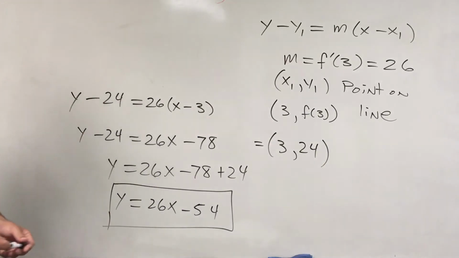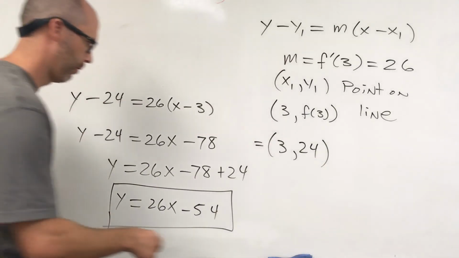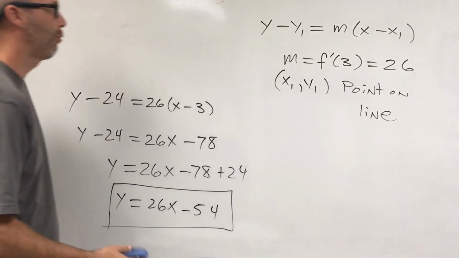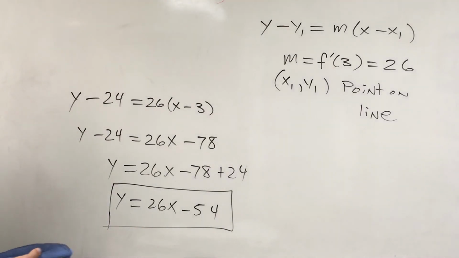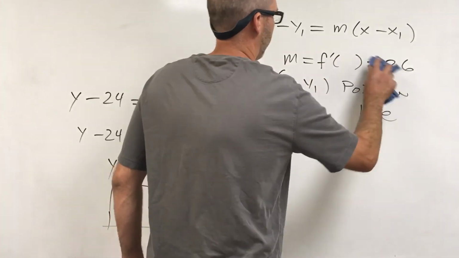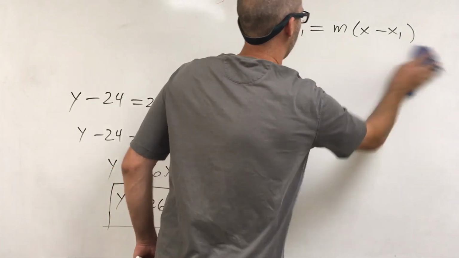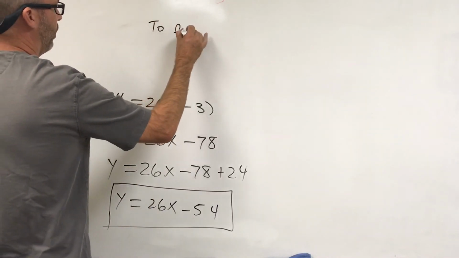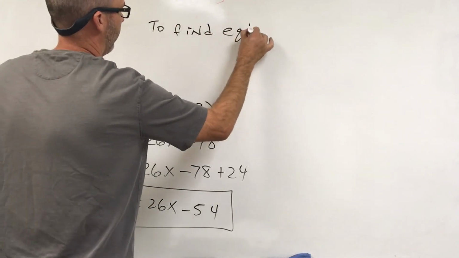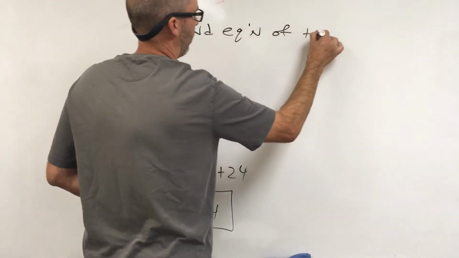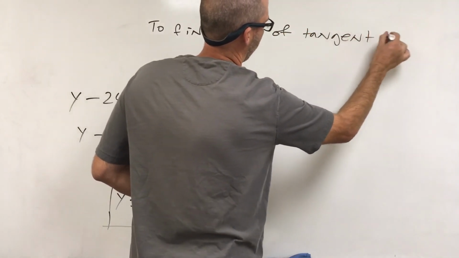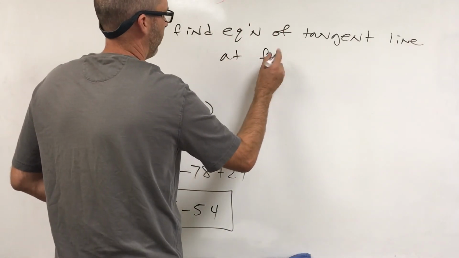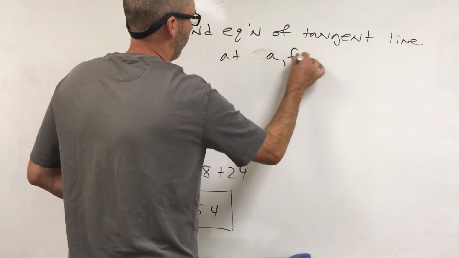All right. So again, I think the way to think of it, let me write this in general. Find the equation of the tangent line at a, f of a.